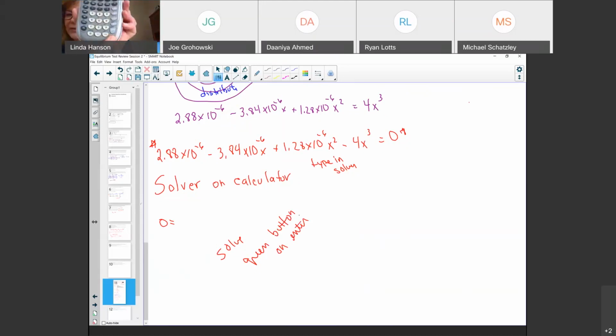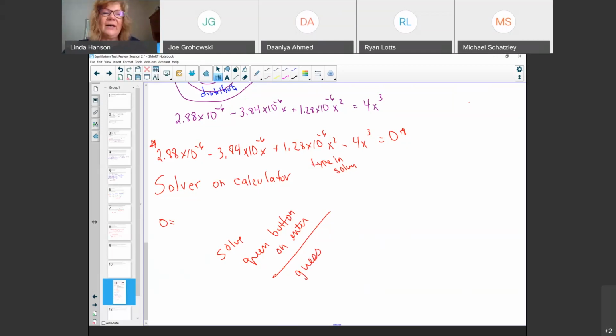Way down here is your enter key, but you want to solve. So that means you have to press the green alpha. See how they're color coordinated? Green enter is solving. Don't press enter as if you're going to solve the problem without the alpha key first. You're asking the calculator to solve this equation first.